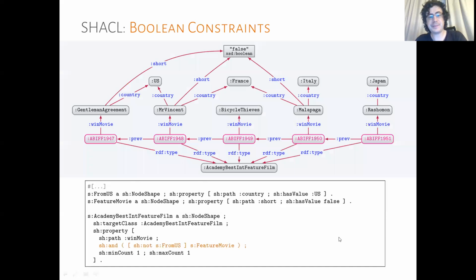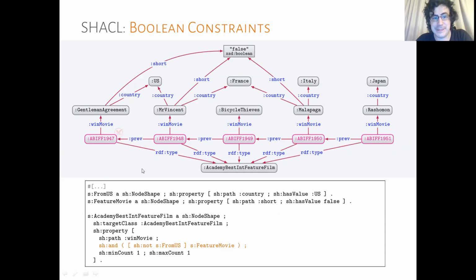Okay. So we take some examples. So we see here that we have this movie, which is of type Academy Best International Feature Film. These are the 5 that are targeted for Academy Best International Feature Film. So now we need to check the property shape with the path win movie. So we're interested in the movies here. So we look at the first movie and we expect that it's not from the US, but we see it is from the US.